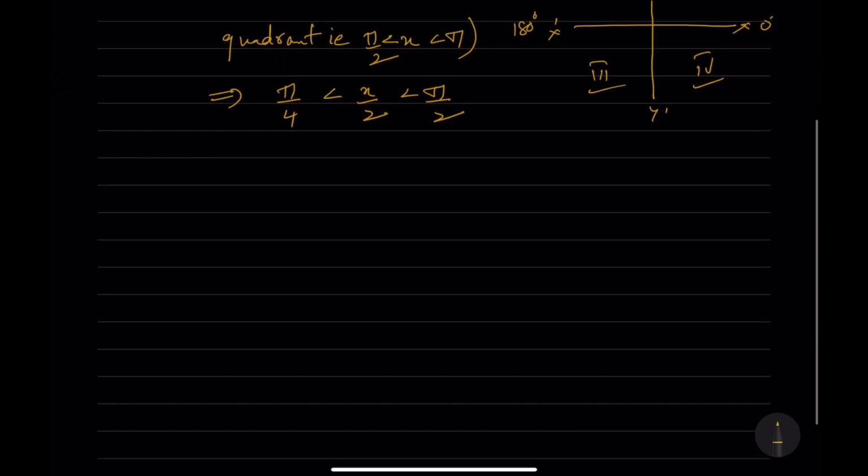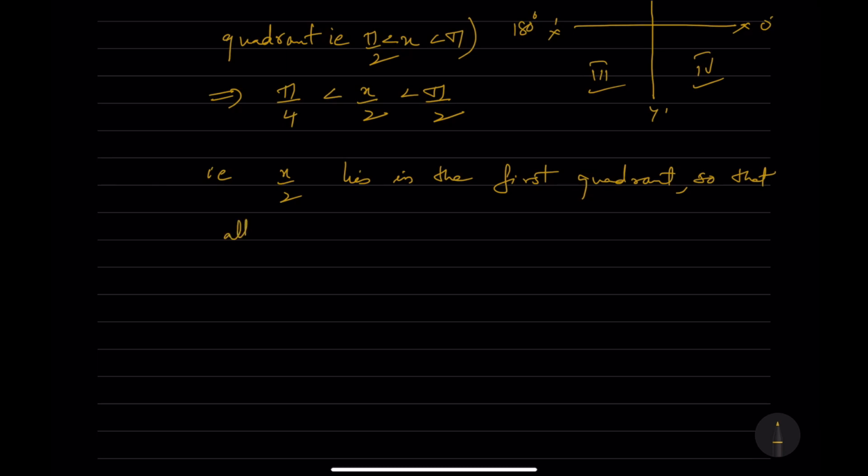So here we are getting that x by 2 lies in the first quadrant, so that all the trigonometric ratios of x by 2 are positive.